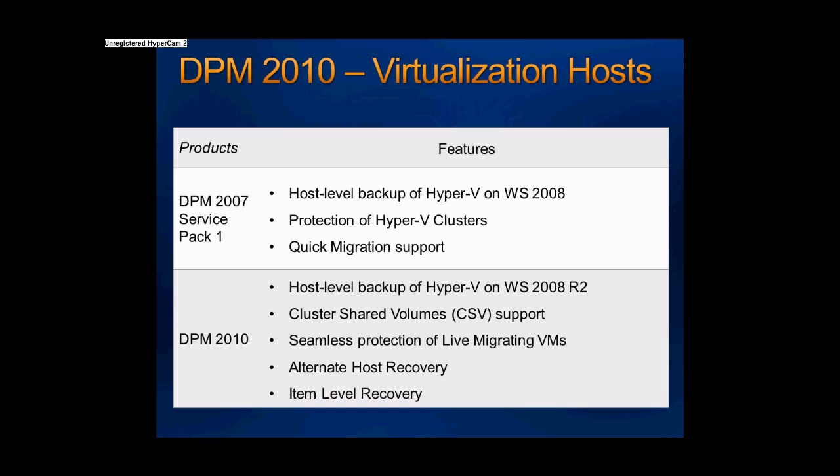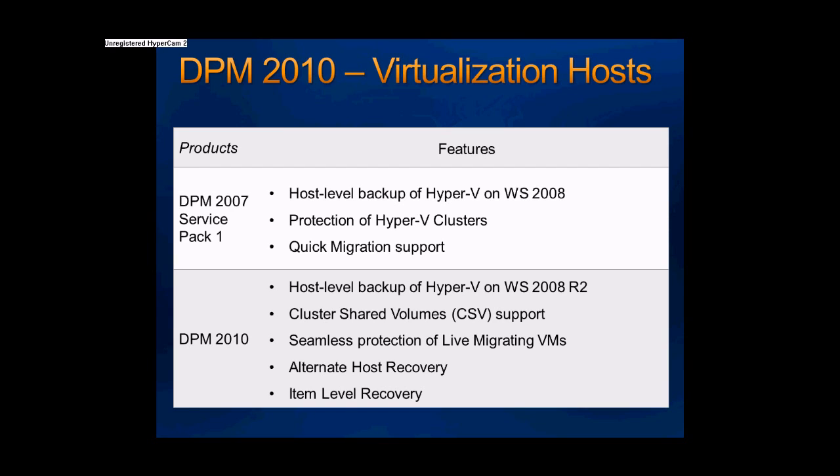Lastly, you will also have item level recovery. So what does item level recovery mean? Basically it means that you can now mount and dismount the virtual machines which you have already backed up, and you can go deep inside the virtual machines to recover a certain file or folder to another location.